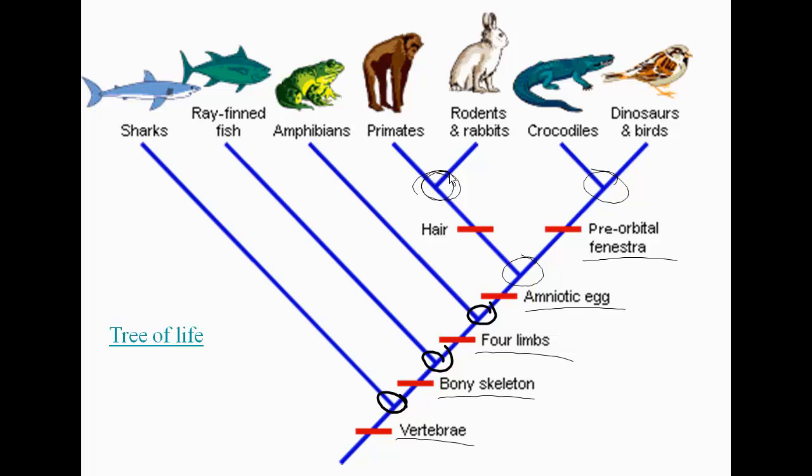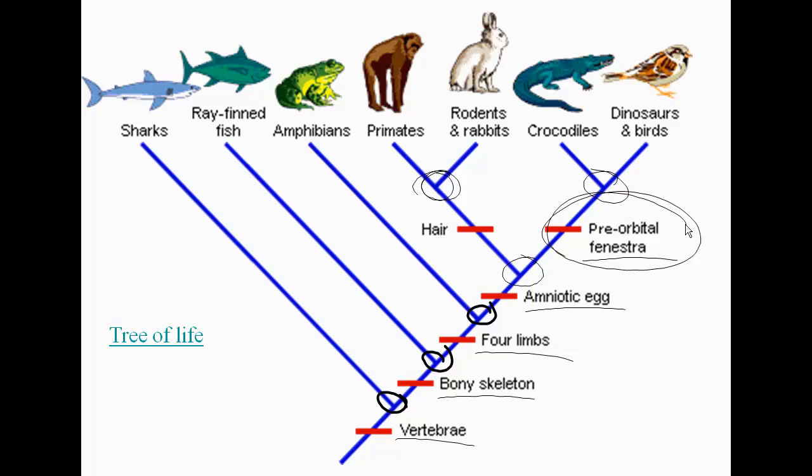Again, based on this cladogram, it's split up into different characteristics. That's a good question. Rabbits and rodents obviously have hair. Primates have hair. However, we don't have this, guys, as far as humans go. We can take a set of characteristics and make a cladogram based on the characteristics.